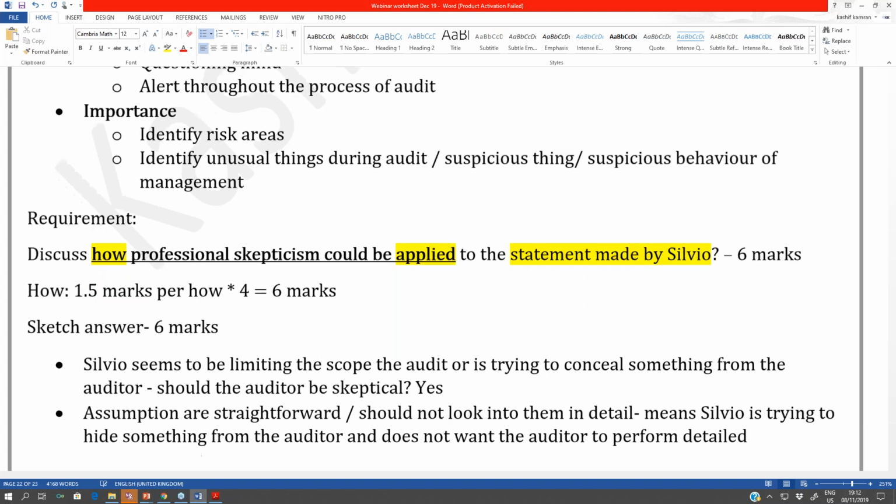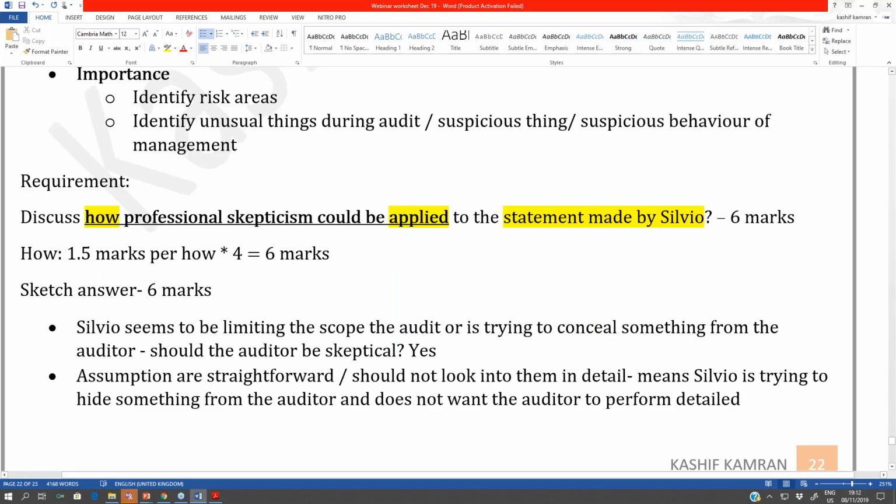Is that true, what I'm writing? So is there something fishy? Is there something Silvio is trying to conceal by not giving the auditor the permission to go deep inside impairment?